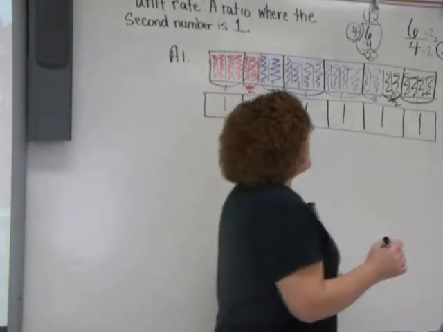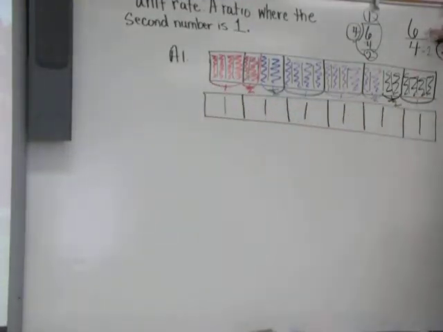So now that we've reduced it, just as everyone got 6 pieces of the fourth, they got 6 fourth pieces, everybody's going to get 3 of the half pieces when we reduced it.